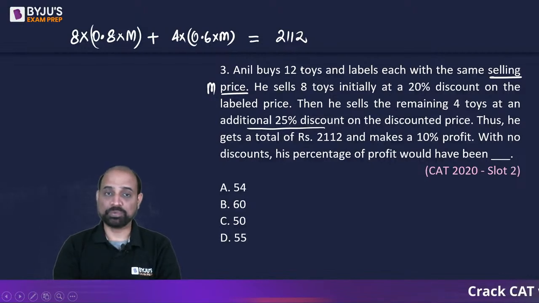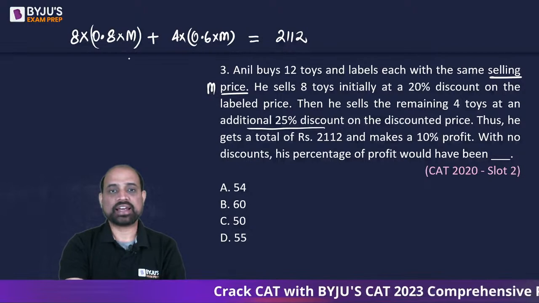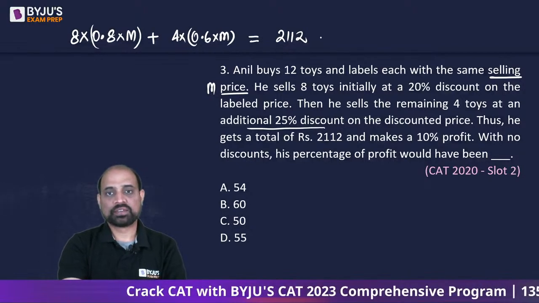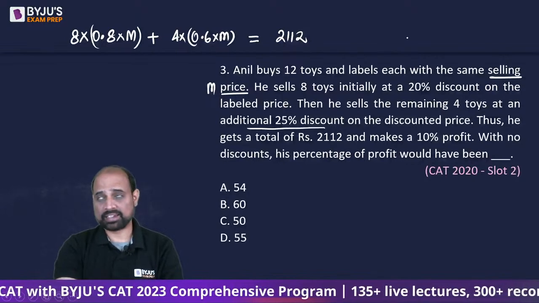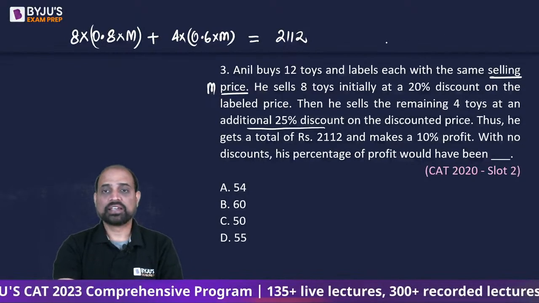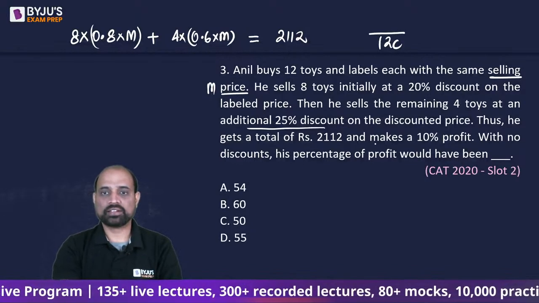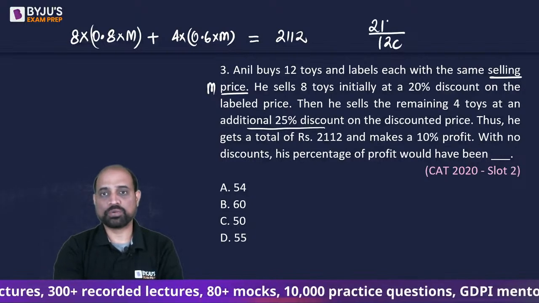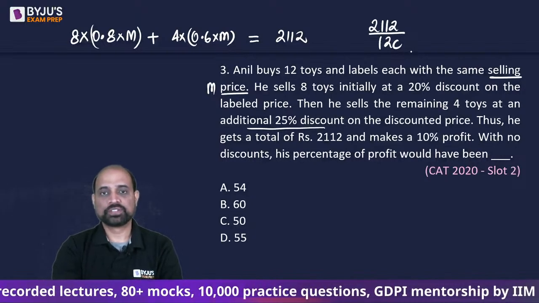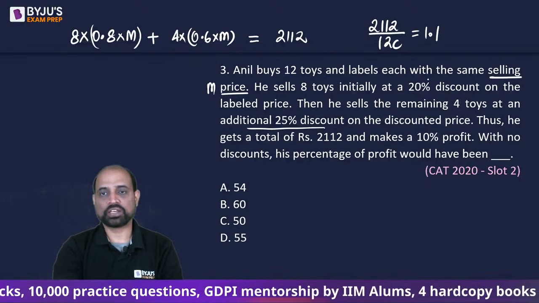And he makes a 10% profit. So 10% profit would mean that if he buys 12 toys at, let's say, each one at C rupees, then the total price is 12C, and the 10% profit is going to be 2112, and this will give us a 1.1.